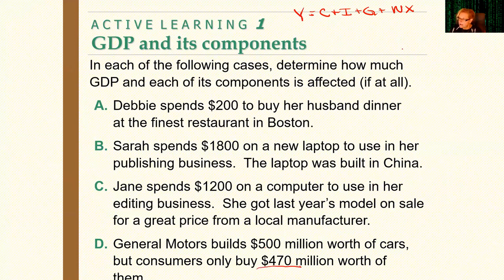The buy sounds like consumption to me, so I'm going to increase consumption by 470, right? And they built all of them. Let's compare: 500. So what happened to the other 30 million worth of cars? Yep, it's in their inventory. So that's what D would look like.